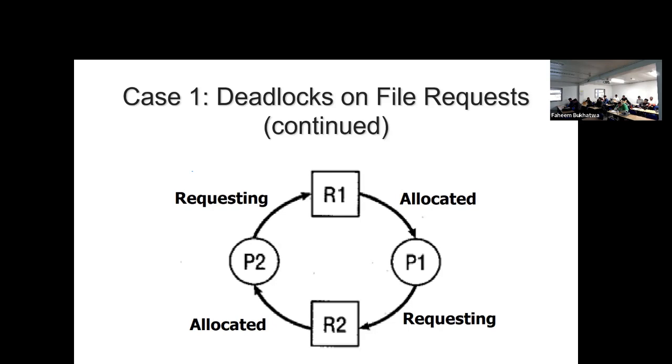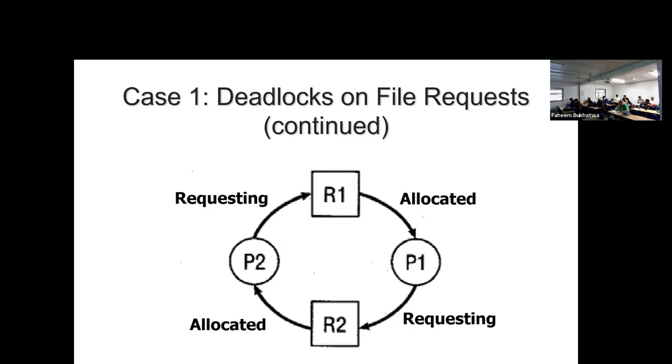And we have squares or boxes or rectangles, and they represent resources, whatever the resources are. It could be a printer; for now we call them resource 1, resource 2. You might need a file and a printer to read from a file and write to the printer. And we have arrows.